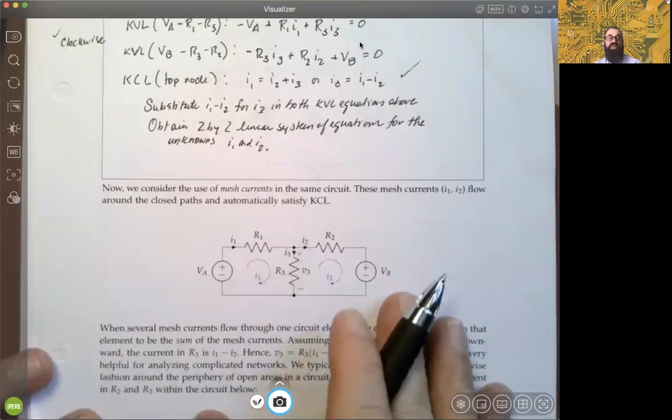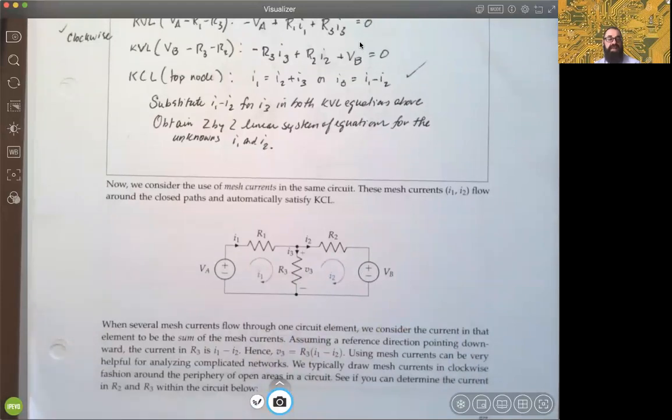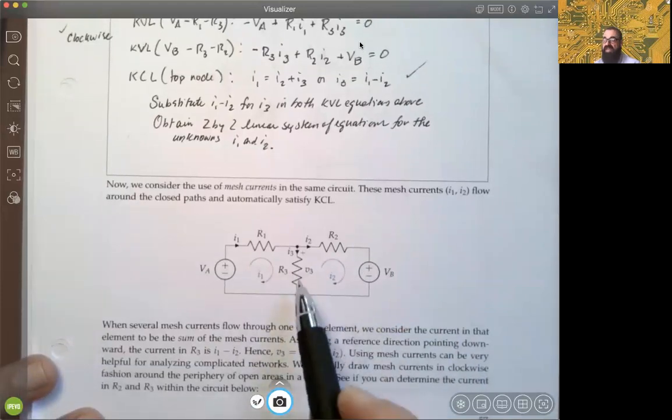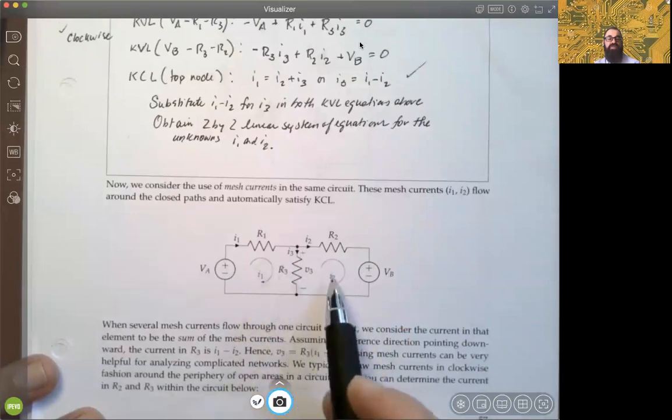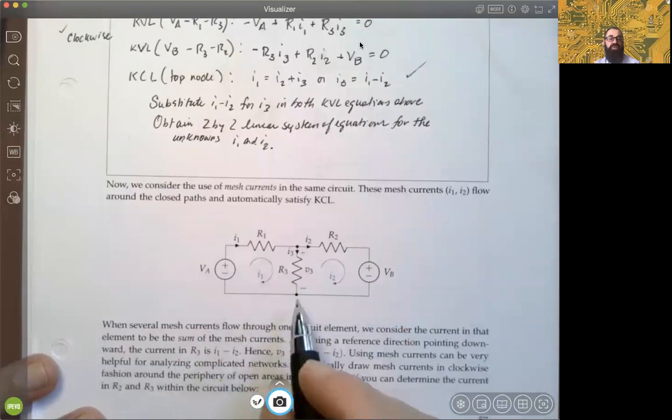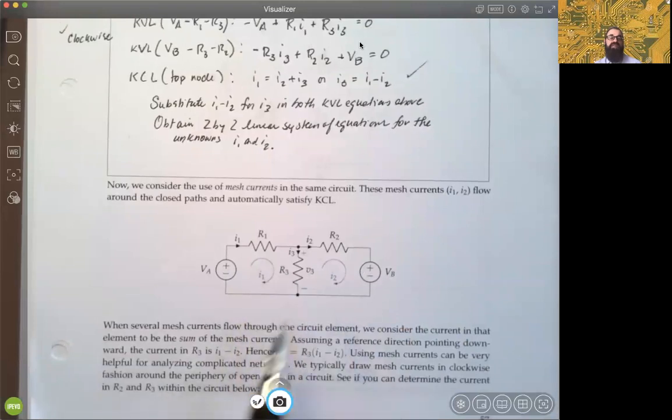So assuming a reference direction pointing downward, what we say is that when we have these 2 mesh currents, mesh 1 and mesh 2, by definition the current through this shared resistance will be I1 minus I2.